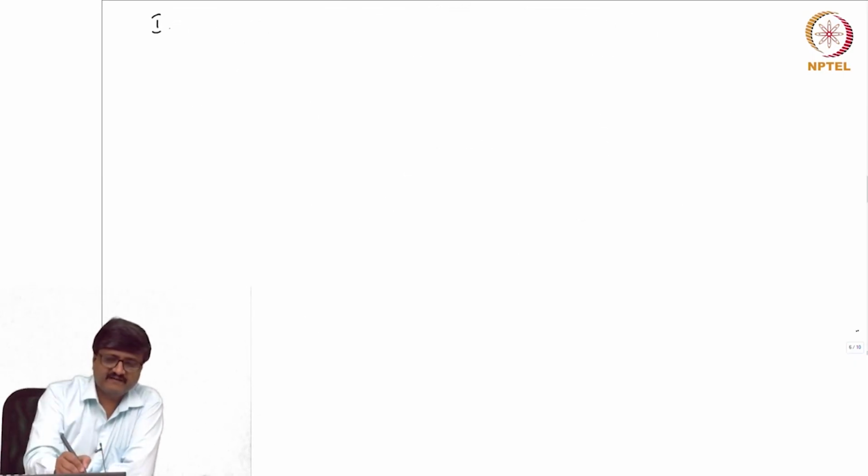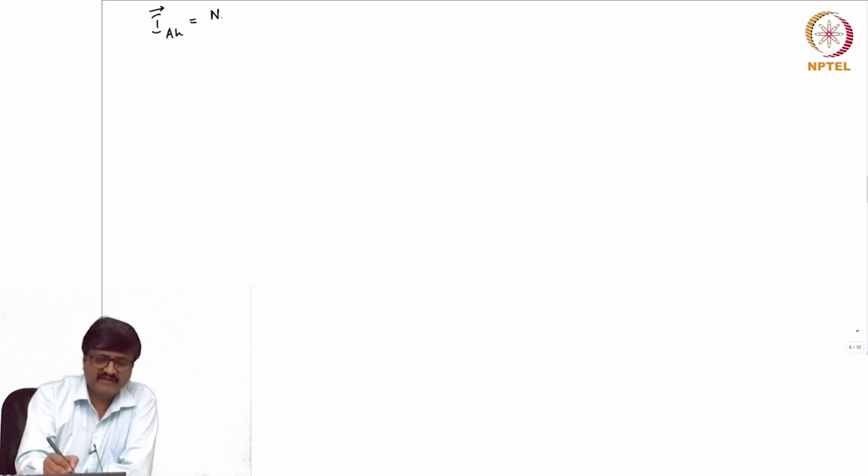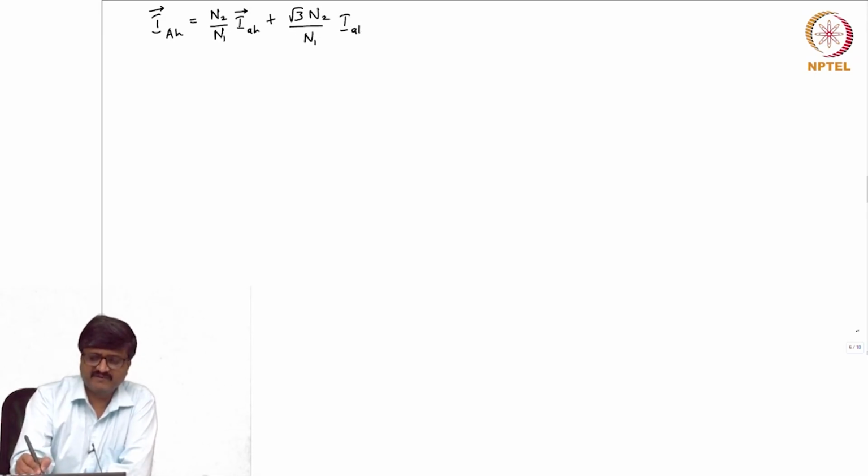So, let me write expressions for this IAH, IBH, ICH. If I take IAH, by Kirchhoff's current law, it is equal to N2 by N1 IAH prime plus root 3 N2 by N1 IAH double prime.